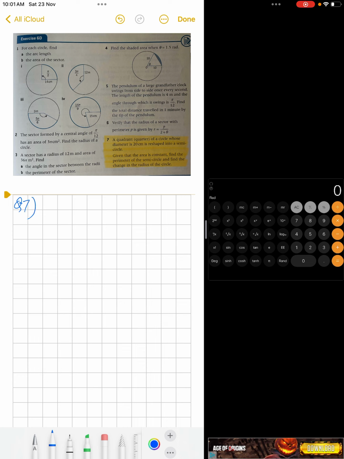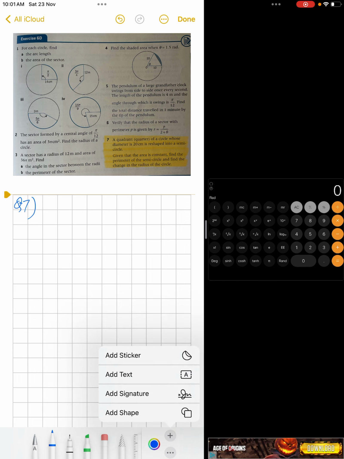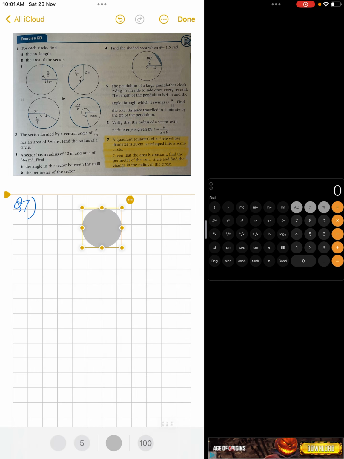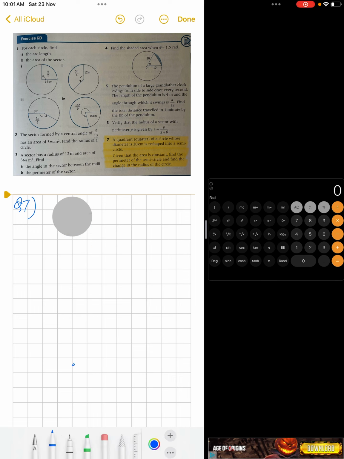Question 7 says a quadrant, quarter of a circle whose diameter is 20 centimeters, is reshaped into a semicircle. So let's get a picture of a quadrant.